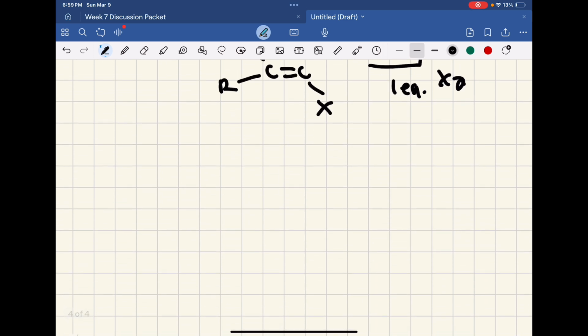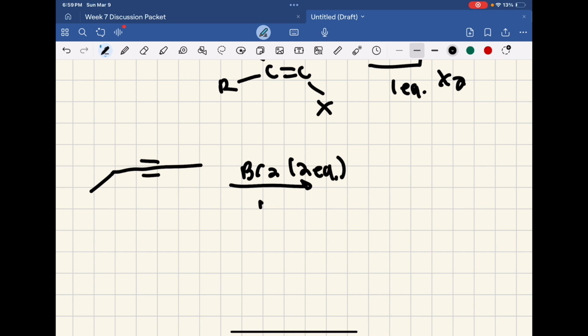Okay, so if we had perhaps an internal alkyne like this, and I have 2 equivalents of bromine in DCM, what would I expect? Well, let's do this mechanistically. We have diatomic bromine. This triple bond can grab the bromine, we exceed the octet, we must eject.